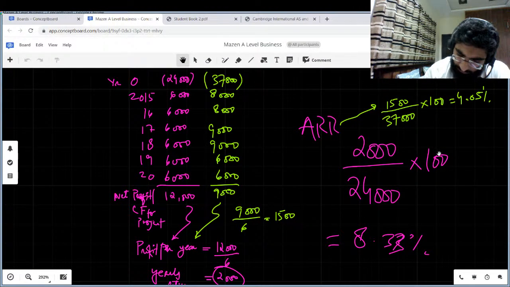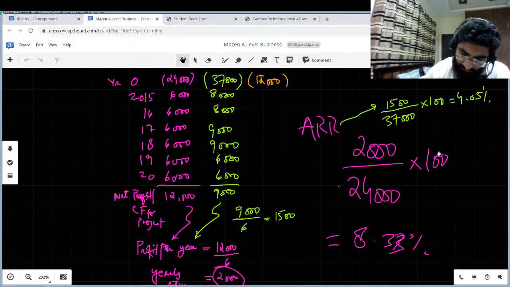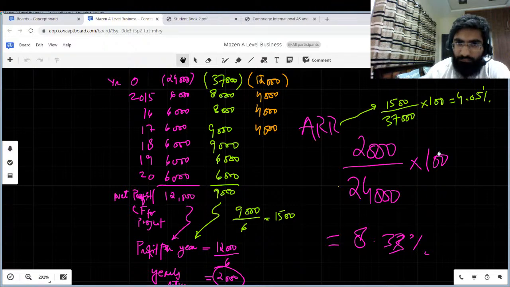Please tell me the initial capital investment, capital cost. 12,000. And then yearly profits, please. 4,000, 4,000, 4,000, 2,000, 1,000, and 1,000.